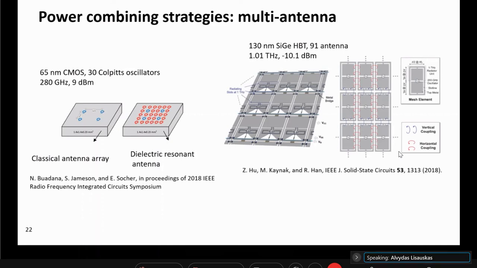In practice, I'm still a bit doubtful about the general concept. Where I do not have doubts is where the antennas are coupled here with slot coupling, so it's electromagnetic, and this is this 91 antenna design by the Han group. I think that's MIT. So this is the direction to go further.